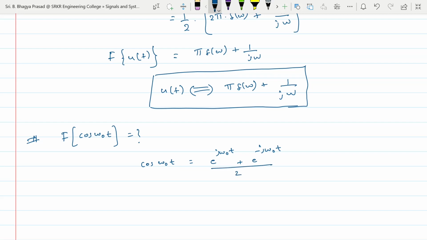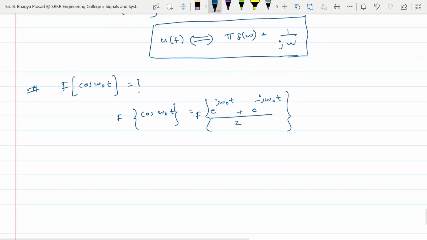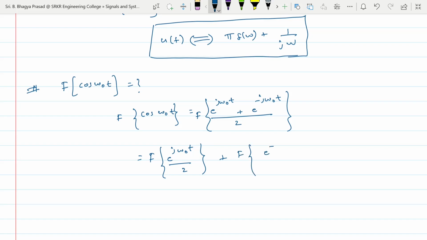I am applying the Fourier transform. I split this entire expression as the Fourier transform of e power j omega naught t by 2 plus the Fourier transform of e power minus j omega naught t by 2.